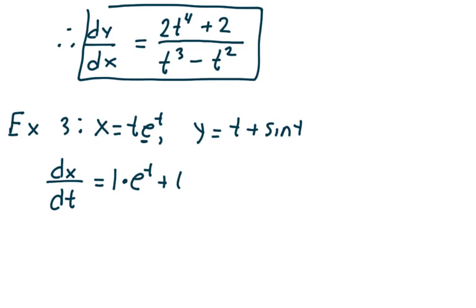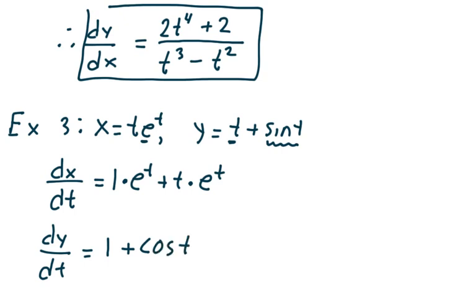And then I'm going to write t, and then I'm going to differentiate e to the t with respect to t, and that's just e to the t. Okay? And dy/dt, the derivative of t with respect to t is 1. The derivative of sine t with respect to t is cosine of t.